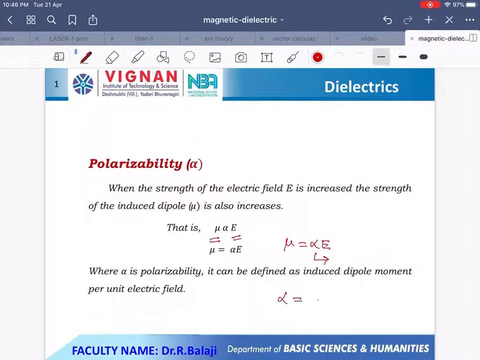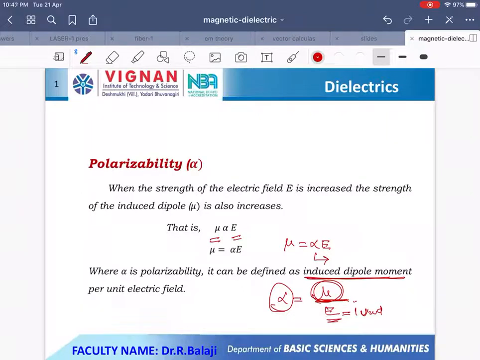Now how to represent alpha? Alpha can be written as mu by E. So the polarizability alpha is defined as the ratio of the induced dipole moment to the electric field intensity. It is also defined as the induced dipole moment per unit electric field.